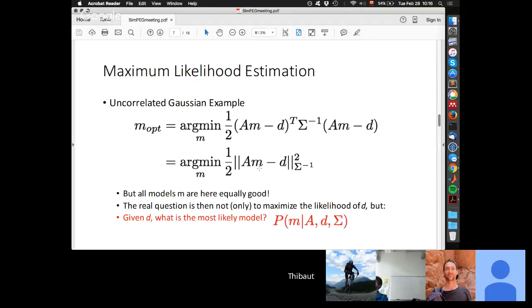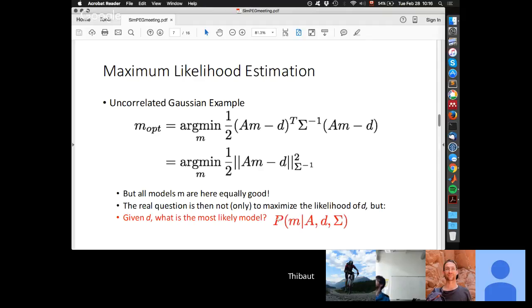So I'm going to reformulate: given my data D, and knowing the probability distribution of my data, what's the most likely model? What's the model that gives me a high probability to get this data, but that also itself has a high probability?